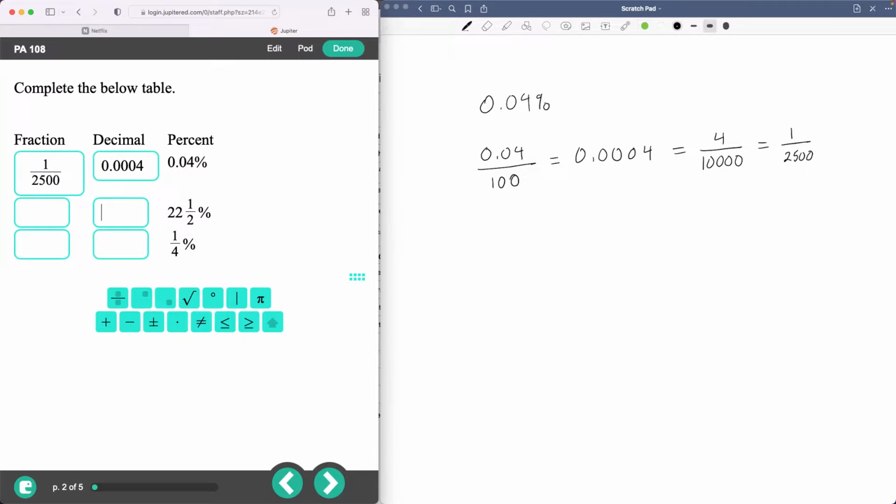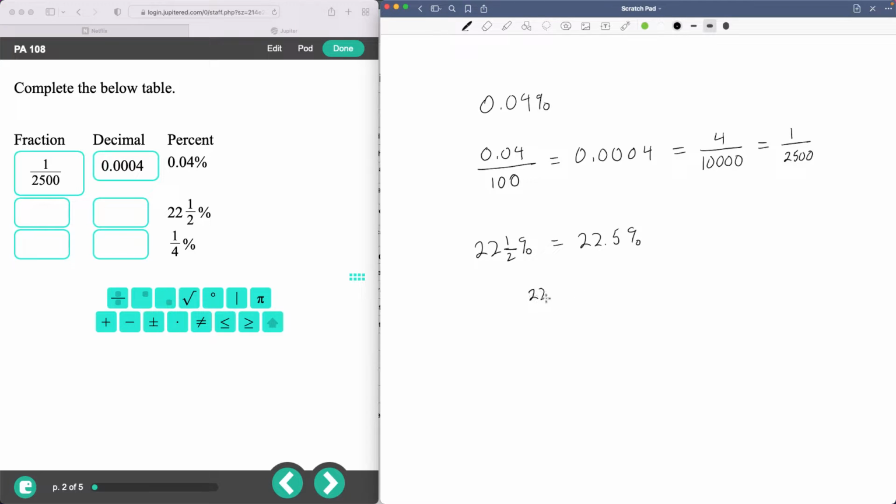So now for this decimal, we have 22.5%, which we know is equal to 22.5%, because 0.5 equals a half, right? We know that from having done other problems. So now we know we could put that over 100.